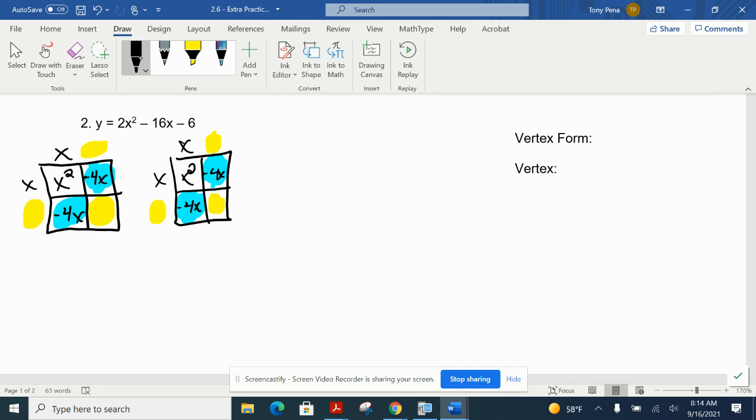All right, what now goes up? Well, let's do the bottom right-hand corner. What does this bottom right-hand corner now have to be? Matt? Good, it has to be 16. So the only way we get negative 4x and a 16 is if both of these guys, and make sure that they're squares, are negative 4. So x minus 4, x minus 4.